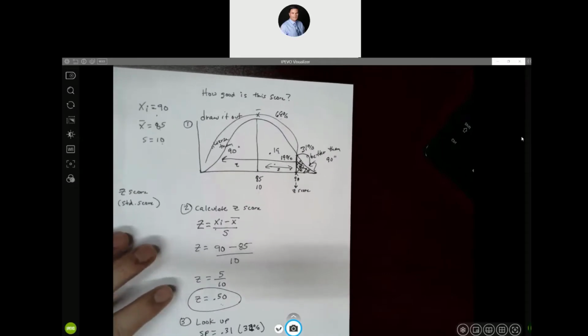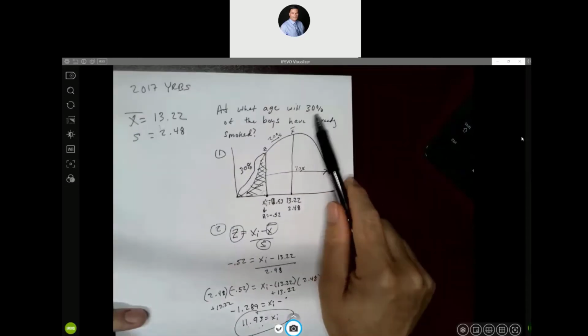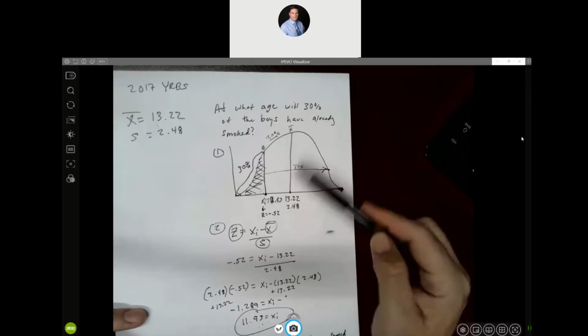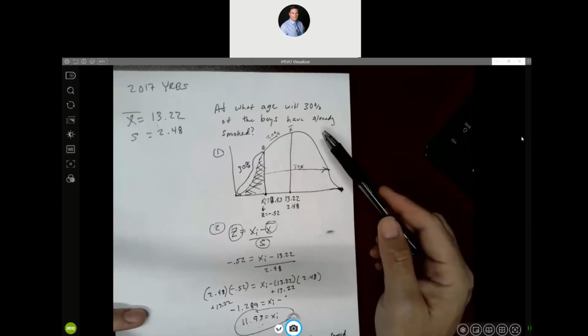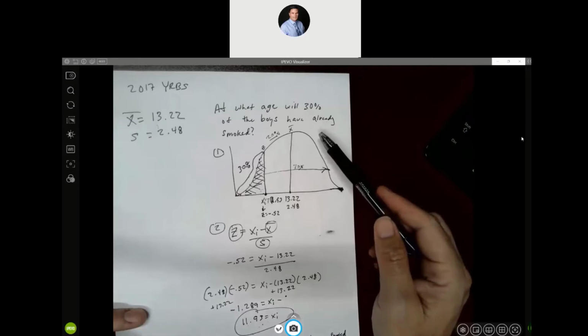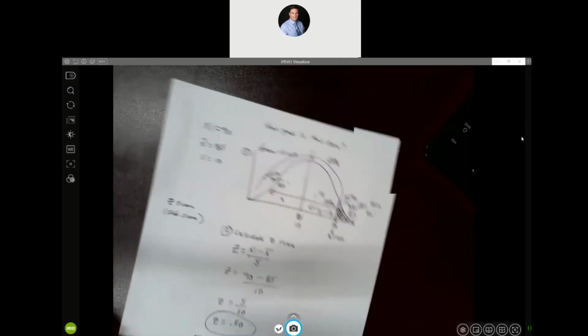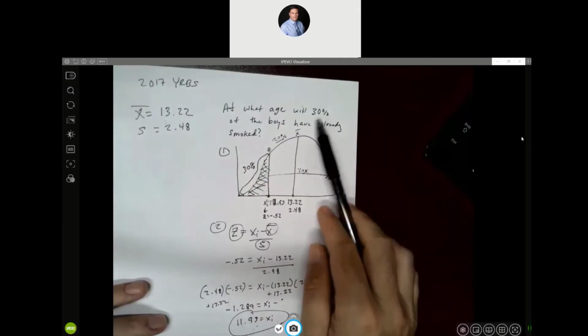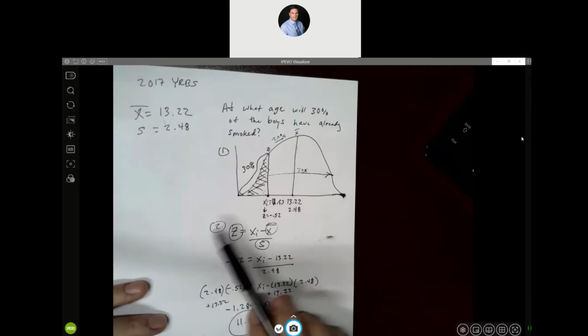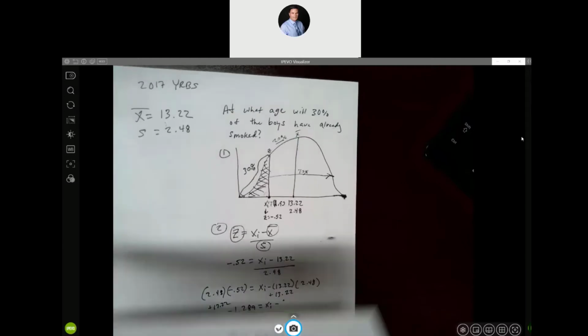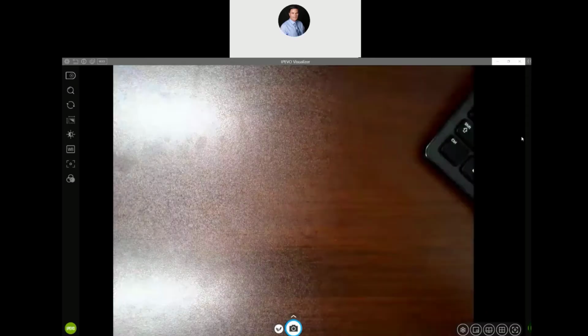The other type of question you can solve with a z-score is given a percentage or a proportion, what is that score? Those are the only 2 types of questions you can answer by examining standard scores. You're either going to be 1, given an x sub i and asked for a percent or a proportion, or 2, given a percent and asked what the score is. Those are the only 2 types of questions you can answer with z-scores. Any questions on how to do that?